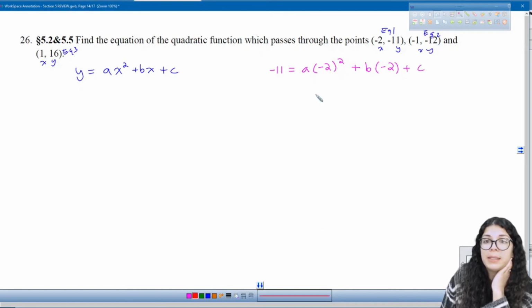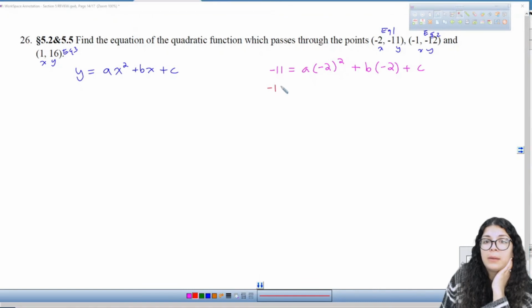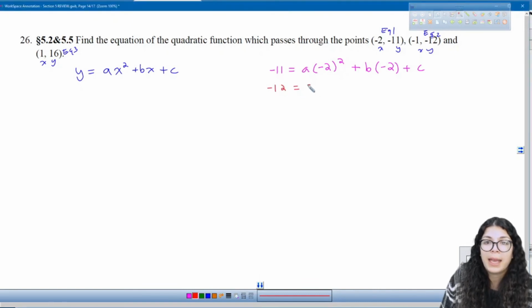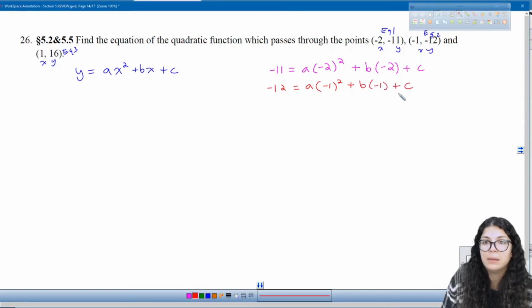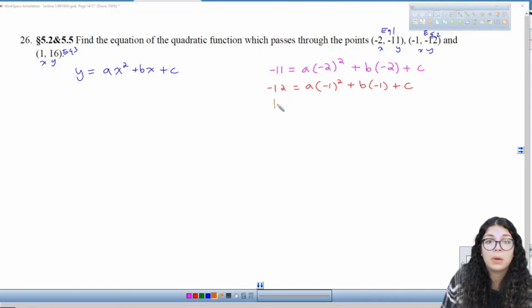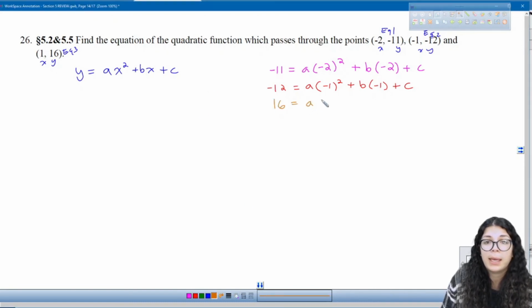Your second point, y equals a times x squared plus b times x plus c. And then your third point, y equals a times x squared plus b times x plus c.